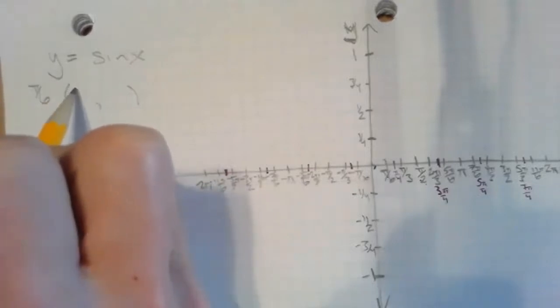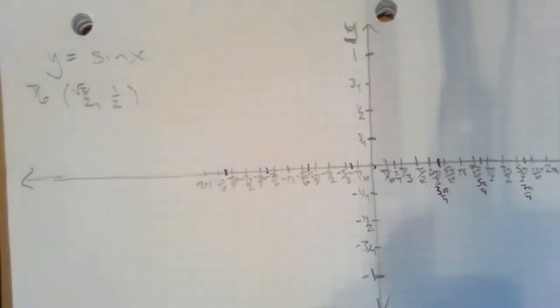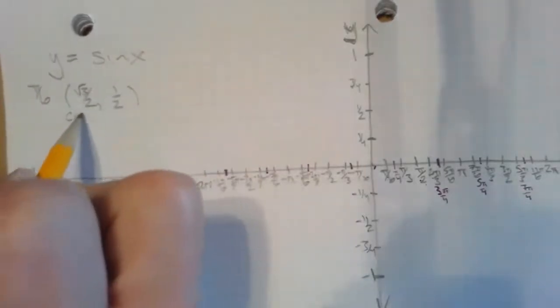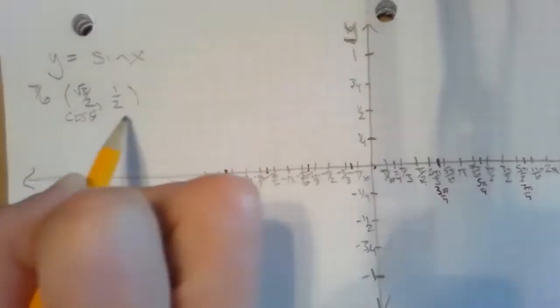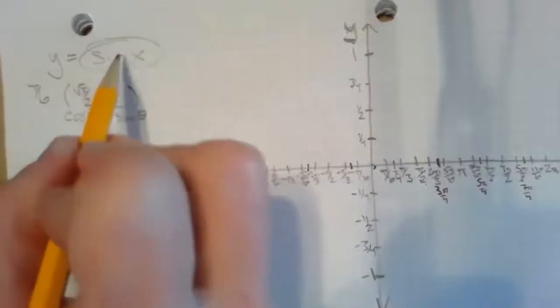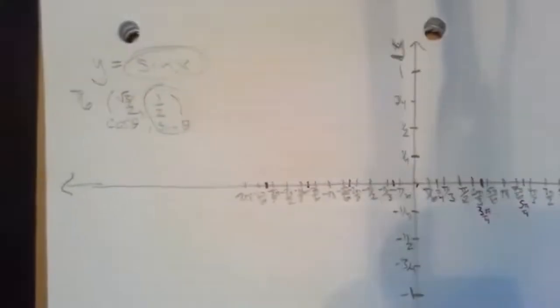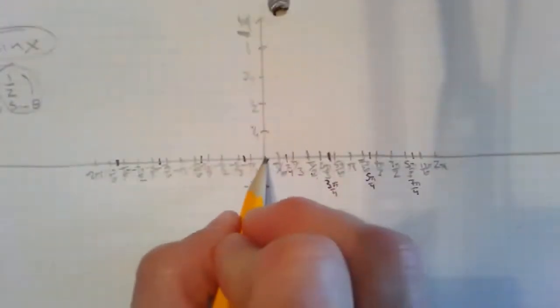Its x coordinate is rad 3 over 2. Its y coordinate is 1/2. And x's stand for cosine and y's are sines. So here we are only graphing the sines, which means we're only graphing the y values of the angles on the unit circle.